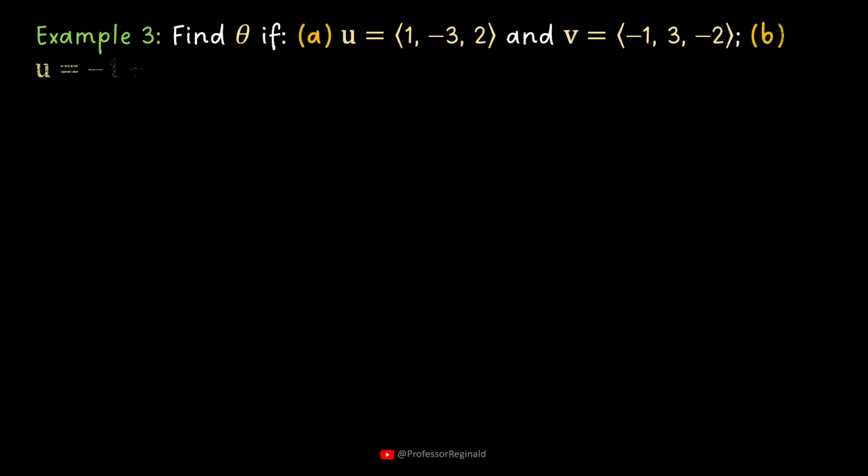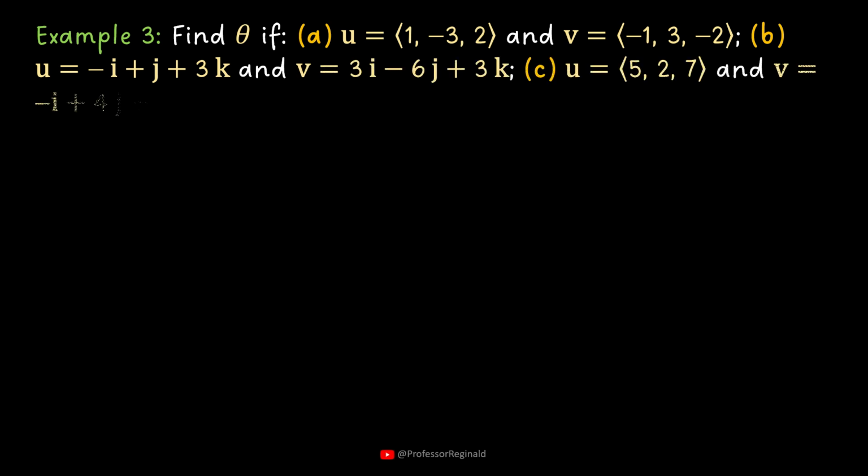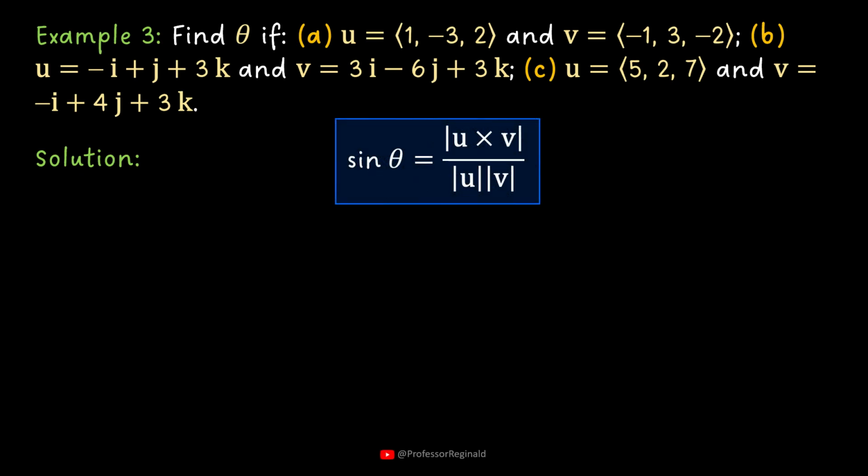Example 3. Find the angle between the vectors if u and v have the following values. Solution. Recall that the sine of the angle between two vectors is equal to the norm of their cross product divided by the product of their norms.